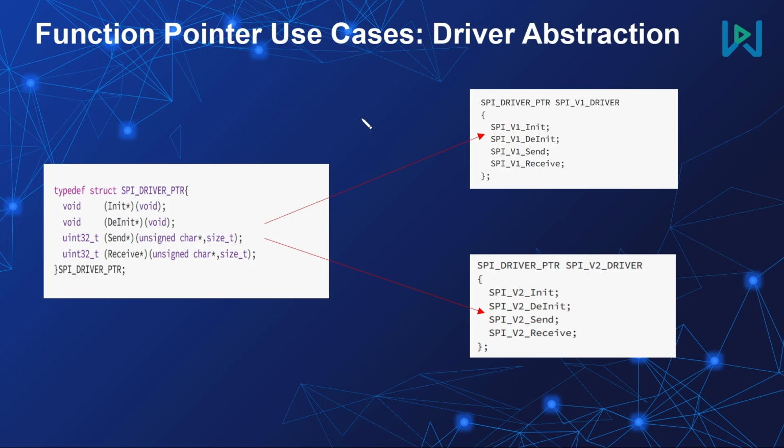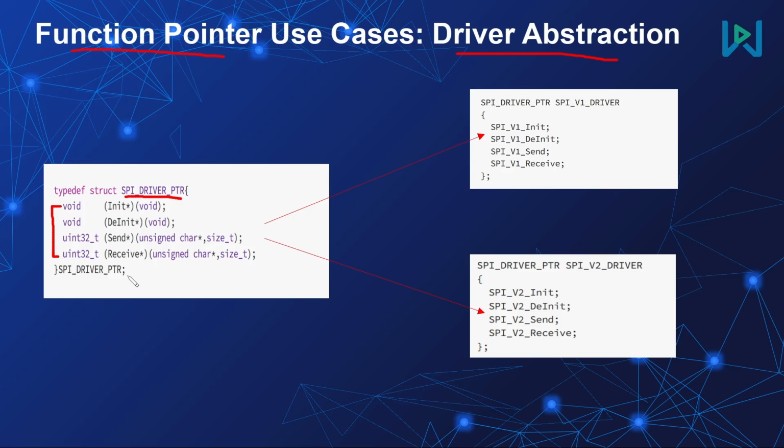Now, in terms of use cases, we can use the function pointer for C driver abstraction. In this case, we'll need to create a C structure that consists of a set of function pointers.